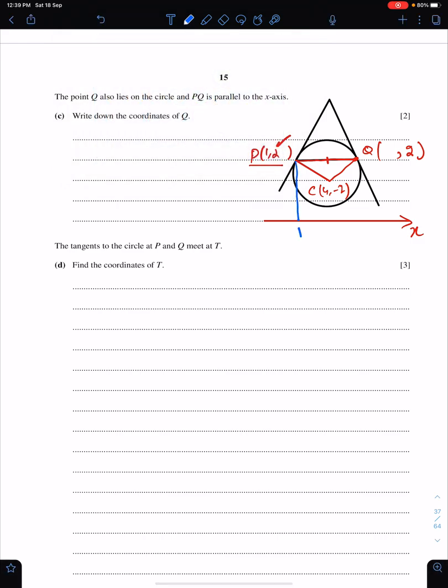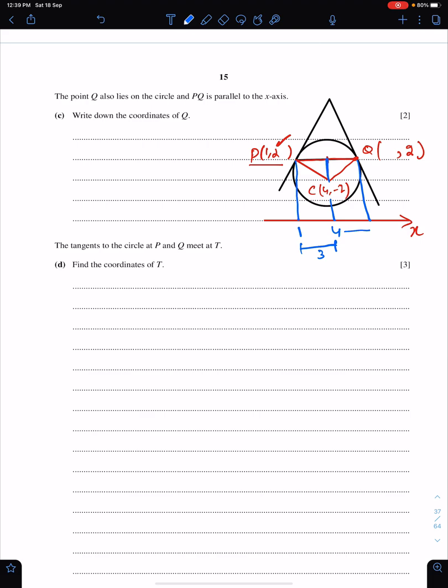This is 1, this is 4, so this distance is 3, so this distance must also be 3, because this is the midpoint. So 1 plus 3 makes 4, 4 plus 3 makes 7, so this should be 7.